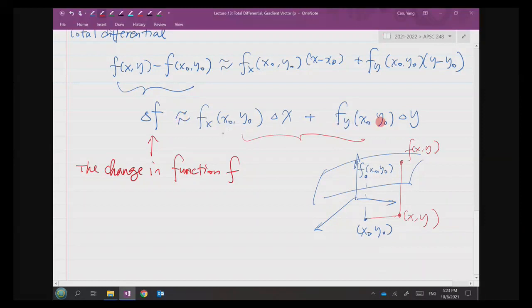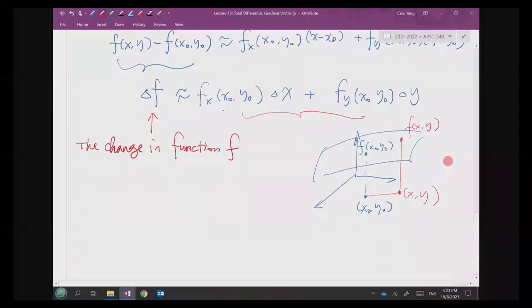Then what happens if x is infinitely close to x₀ and y is infinitely close to y₀? You let x approach x₀, and y approach y₀, so basically the point is infinitely close to this original point. Then this is a limit concept.